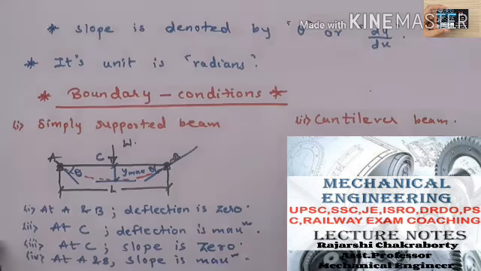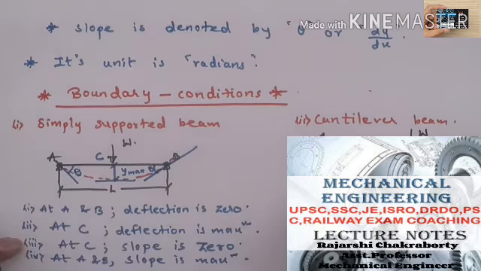Next, for a cantilever beam, if the load is acting at the free end, here we have point A, this is point B. Considering the length of the beam as capital L, under the action of this load, the beam will start to bend ahead of point A, that is, it will start bending from here.